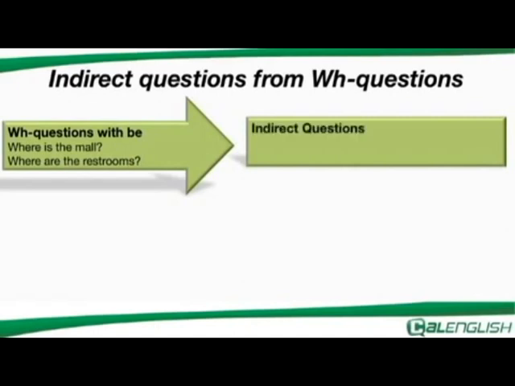So for example, an indirect question would be, could you tell me where the mall is? Could you tell me where the mall is? It sounds so much more beautiful. So it sounds different. It's a polite way to say things, okay? So just always try to remember that.